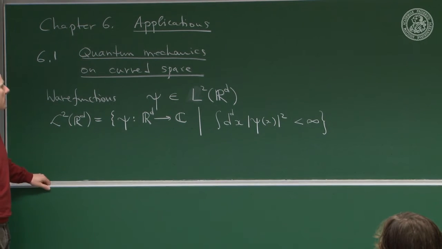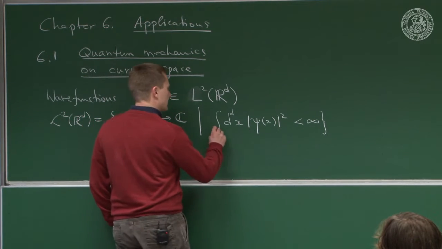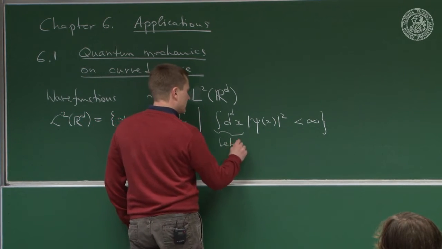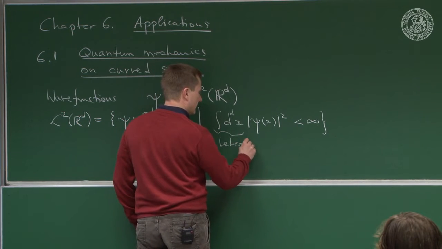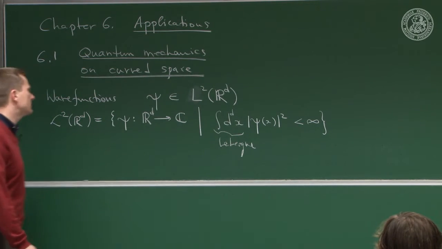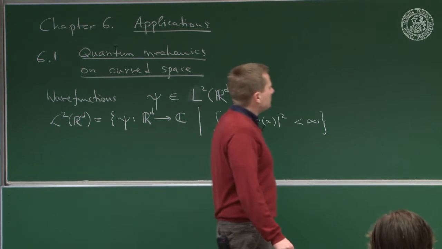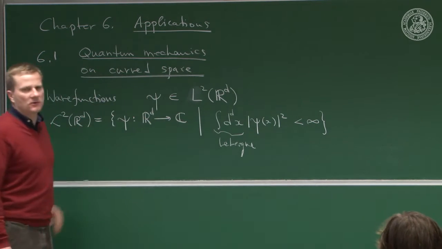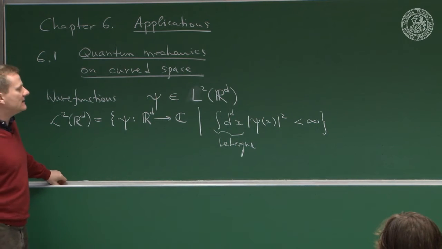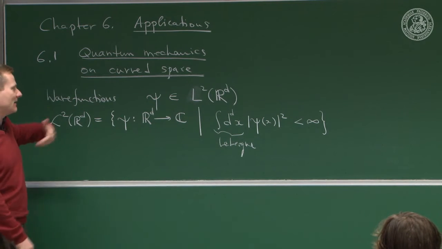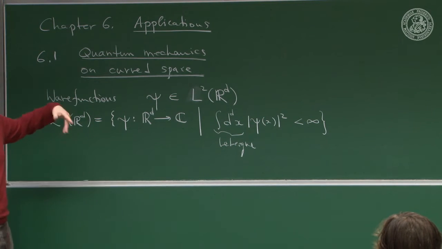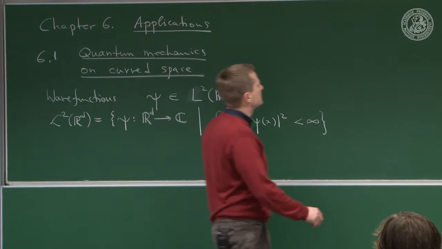So this is one of the issues. The other issue is that here you need a Lebesgue integral in order to make this really work, rather than a Riemann integral, and so on. So there are lots of things at this point to be said. However, this is far from all the subtlety one needs. I only mention this because I want to disregard it. We're not going to look into these subtleties, but they should be mentioned once.